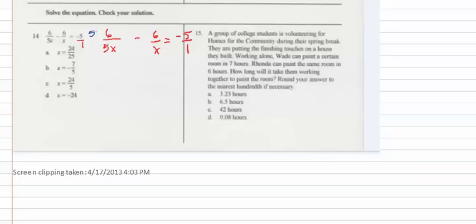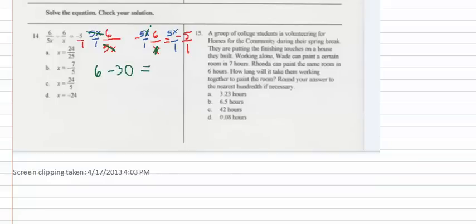It's going to be 5x over 1, and then 5x over 1. Can the 5x and the 5x cancel here, and we end up with a 6? Can the x's cancel here, and we end up with negative 5 times 6, which is negative 30?